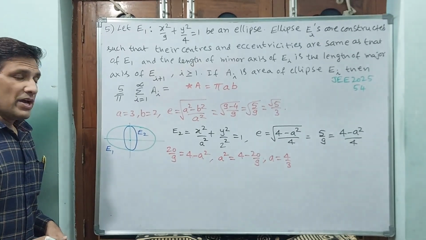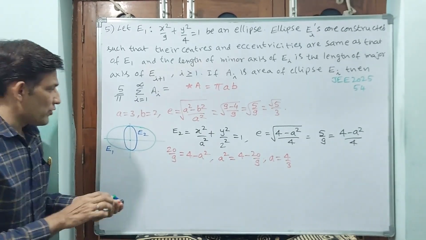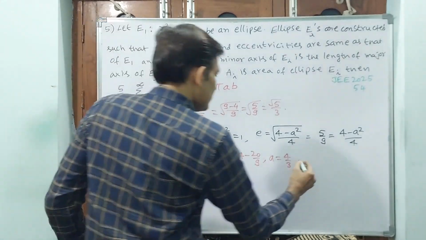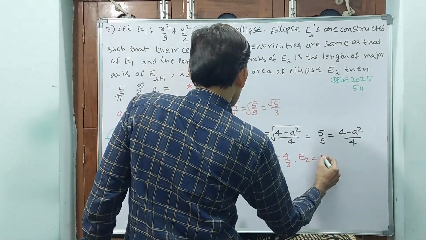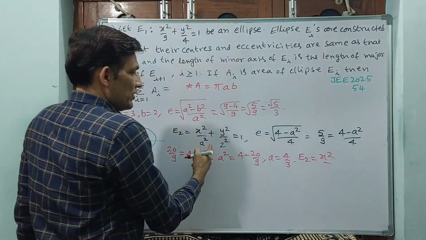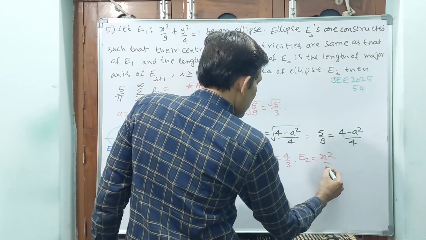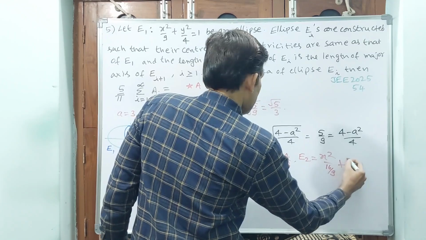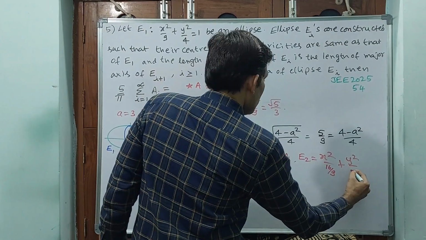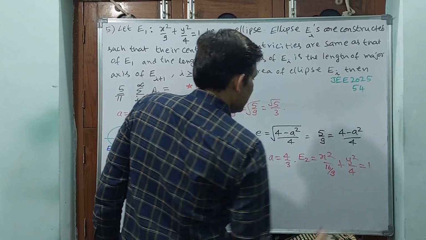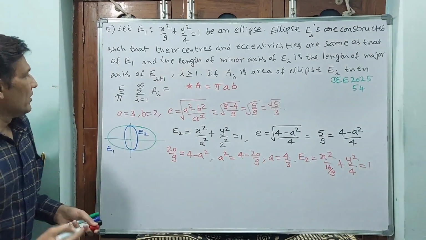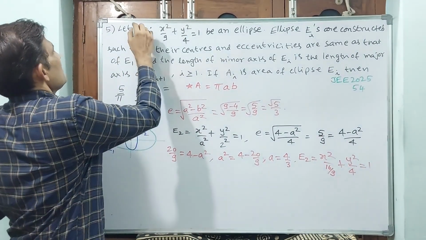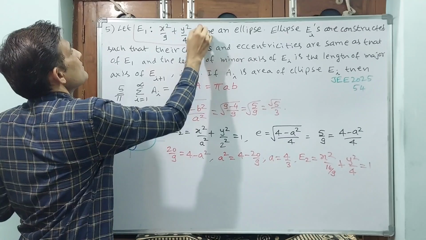If a is equal to 4 by 3, what are you going to write for E2? I am going to write E2 like this: x square by a square, 16 by 9, plus y square by 4, is equal to 1. E1 they have already given, we don't have any problem.